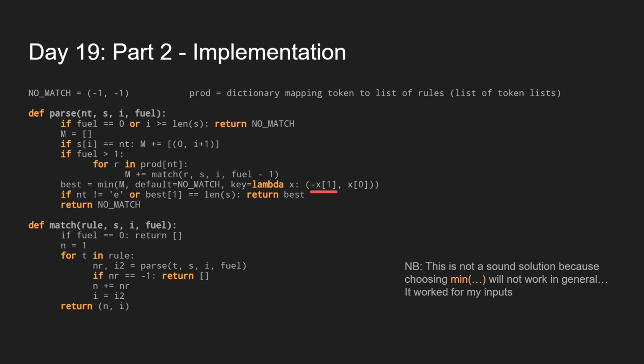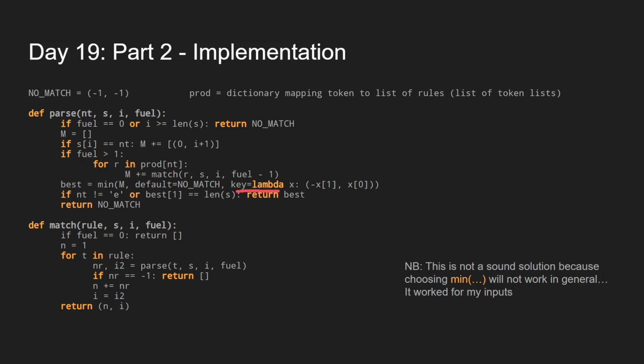I want to choose the longest possible match, so I negate the second element of the tuple for each element, and then we want to choose the lowest number of replacements in this order. So we value more that the match matches a longer part of the string, and then if this is equal, we sort on the number of replacements, and we want to minimize that.